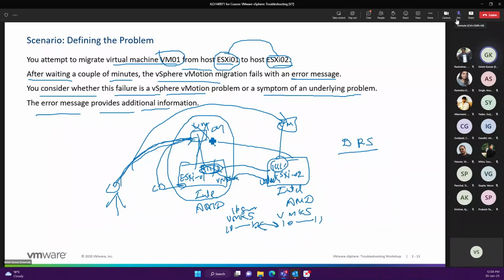These are the prerequisites and concepts of vMotion we should know very well. We can figure out vMotion-related issues when we start reading the message.